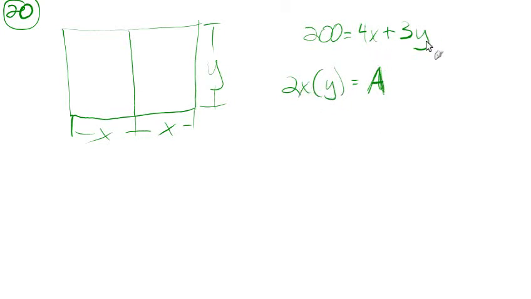So for this problem, it doesn't take much calculus skill here to find that x is equal to 200 minus 3y over 4. So now we rewrite this problem in terms of y.